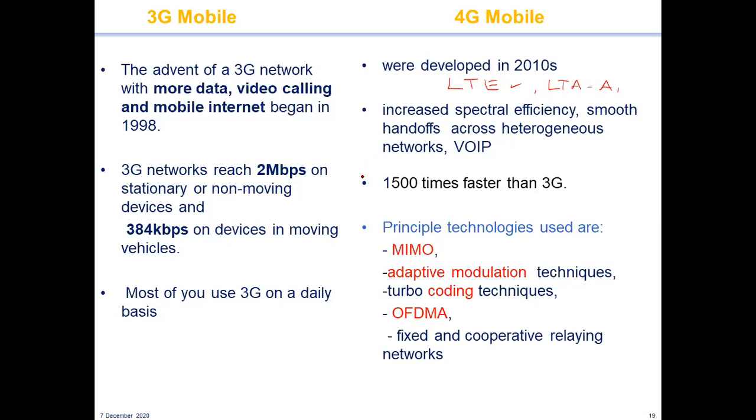It was released in the late first decade of the 2000s, and it is about 1500 times faster than 3G. The principal technologies used in 4G are MIMO, adaptive modulation and coding, OFDMA, and fixed and cooperative relaying networks.